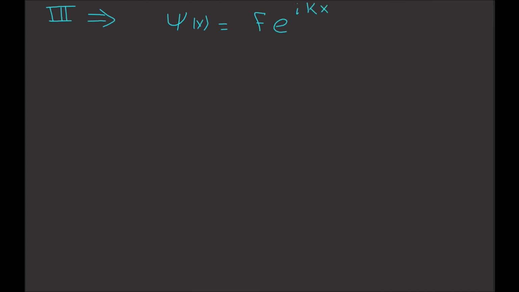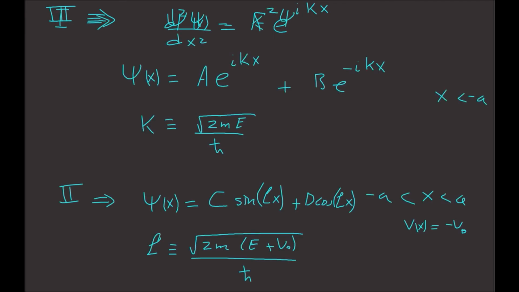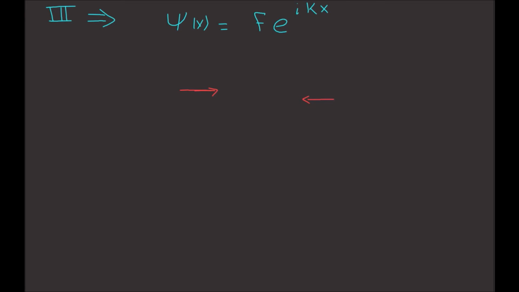So here A is the incident wave, going this way. B is the reflected wave, the reflected amplitude, and F is the transmitted wave.